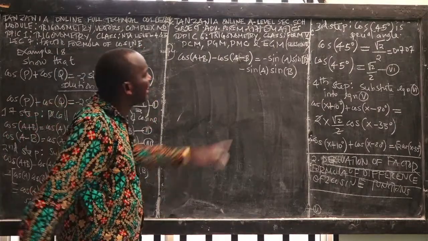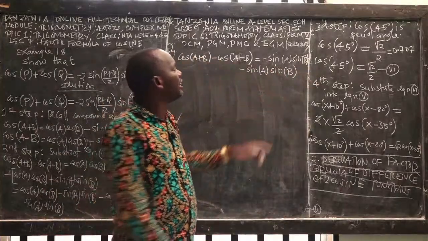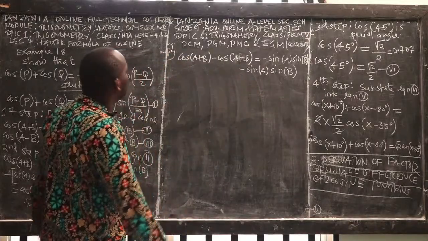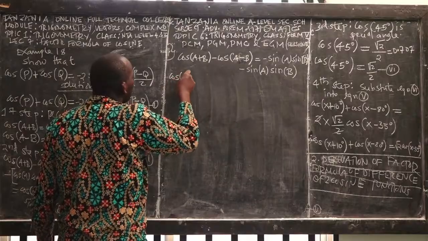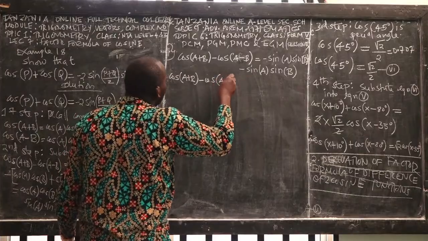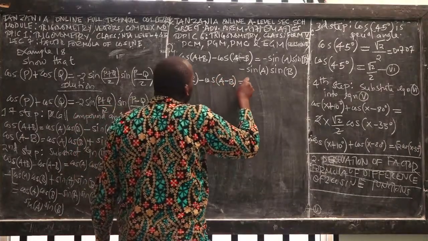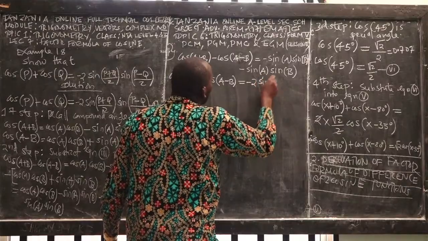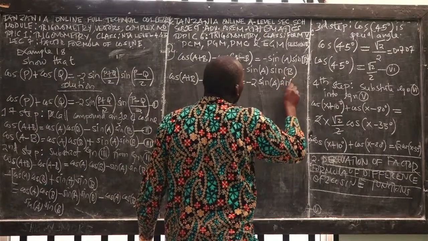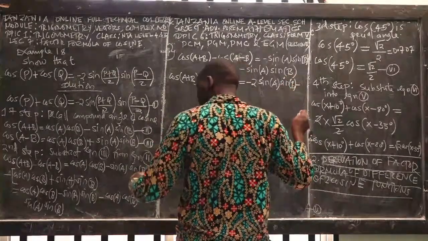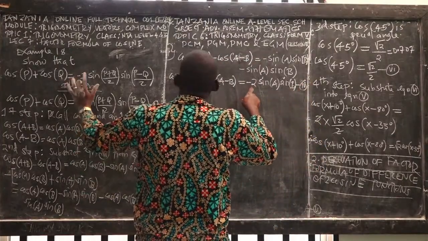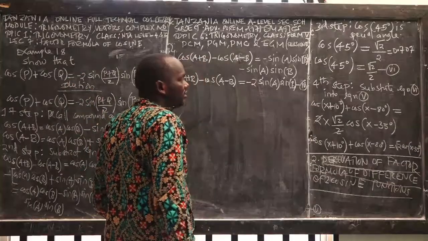Similarly, negative sin A sin B minus sin A sin B gives negative 2 sin A sin B. So we have cosine of A plus B minus cosine of A minus B equal to negative 2 sine of A multiplied by sine of B. This will be our equation 4.